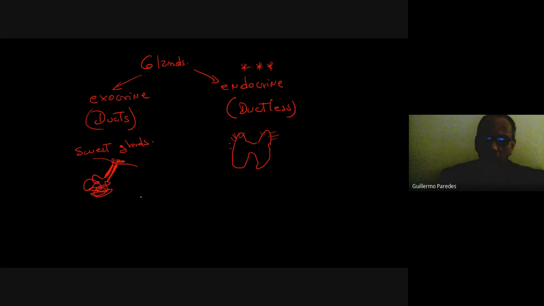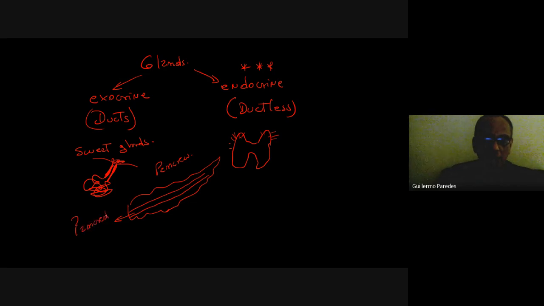One remark to make is about the pancreas. The pancreas is a gland that has two components. One is the exocrine function, because it has a duct leading to the secretion of pancreatic juice.